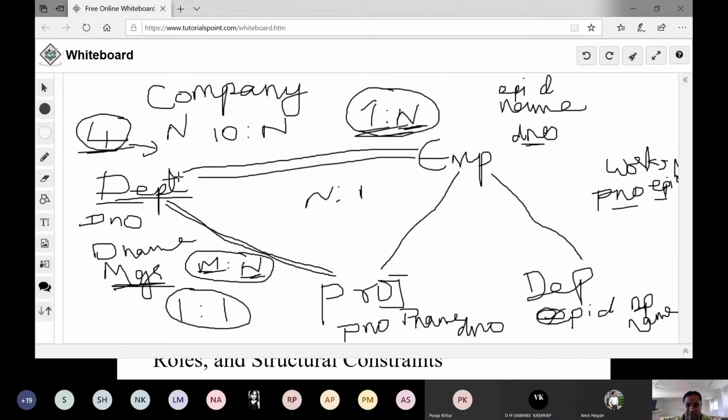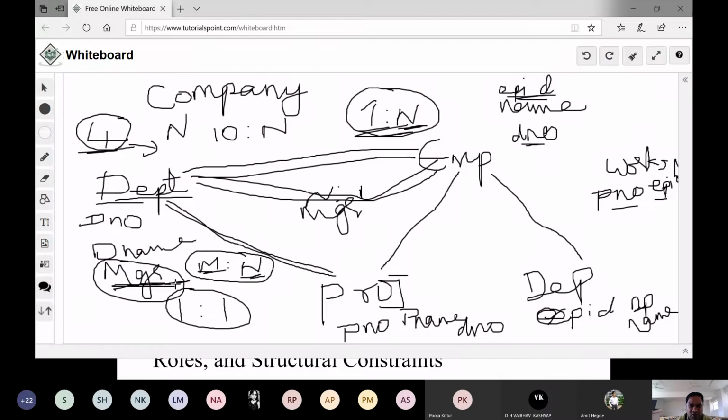Now that means this employee and department are associated with multiple relationships. One in the form of employee and department, and one more in the form of MGR relationship. No matter, manager is also one of the employees. So this manager, for namesake this is manager, but to relate, it will relate to employee ID.